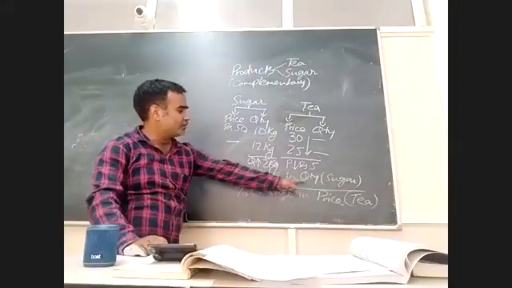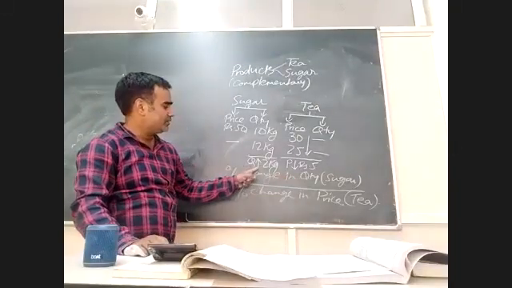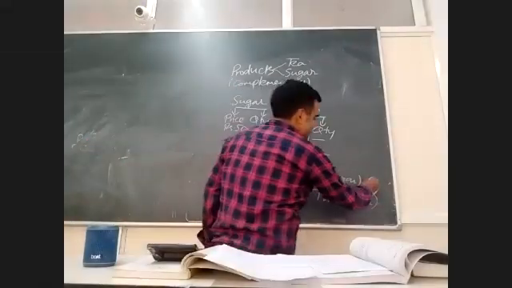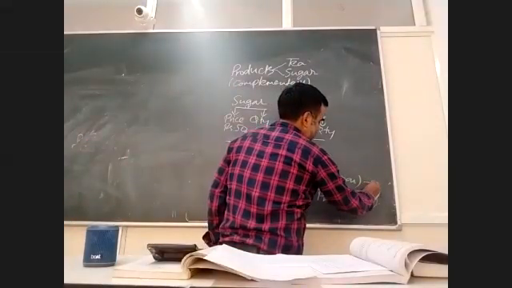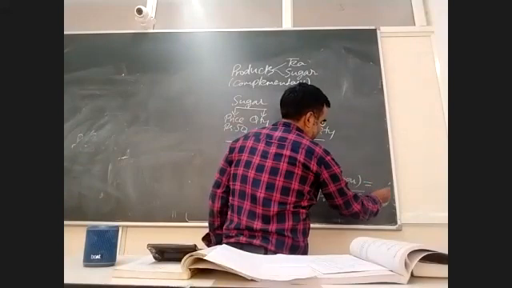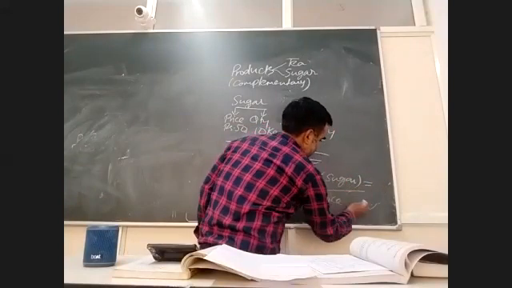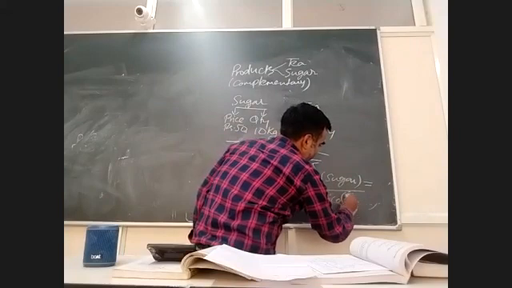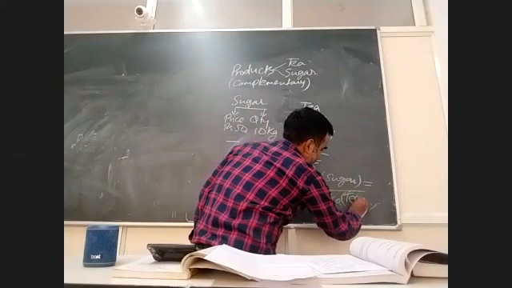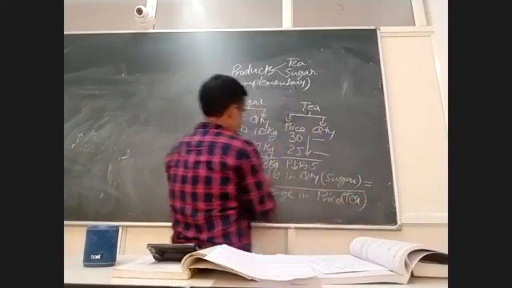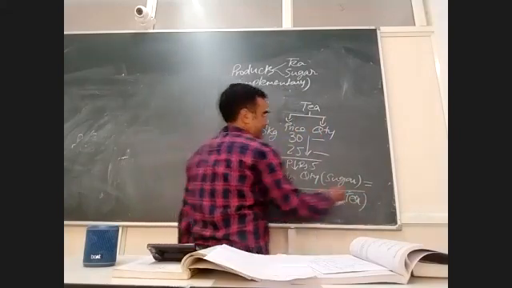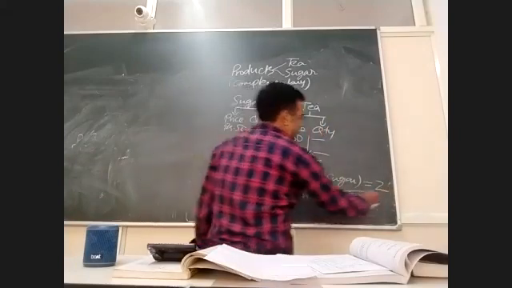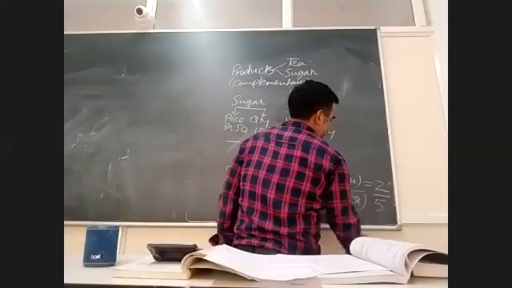So we saw that change in quantity of sugar is 2 kg. We'll write 2. Change in price is 5.